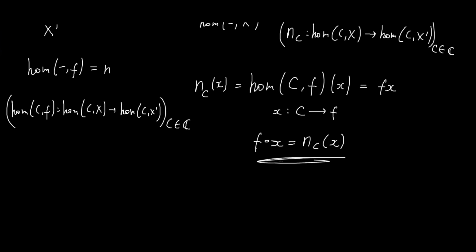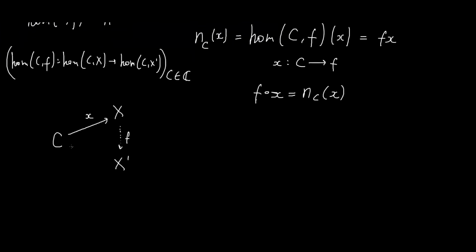So let's draw this thing on a diagram. We've got a C, we've got an X, we've got an X prime. And we don't have F yet, we want to build the F. The F that we're looking for must be such that every time I pick a morphism x, F composed with that x must be equal to the value of the natural transformation N at x.